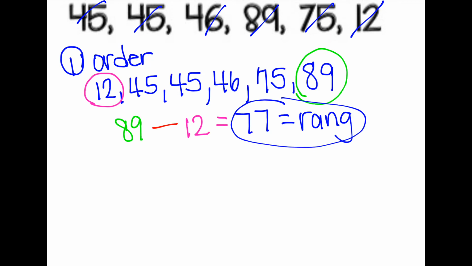I will give you a few moments again to find our mode, just to recall from earlier. In this data set, if you found 45 as your mode, you are correct because 45 is listed twice in this data set, and that is the only number listed twice. Every other number is listed once.